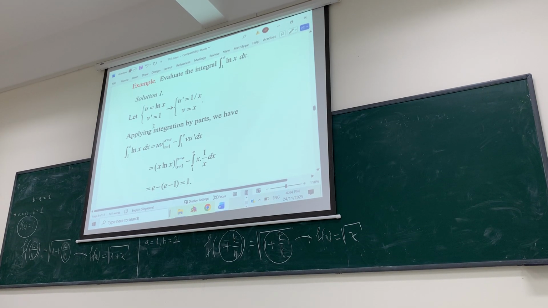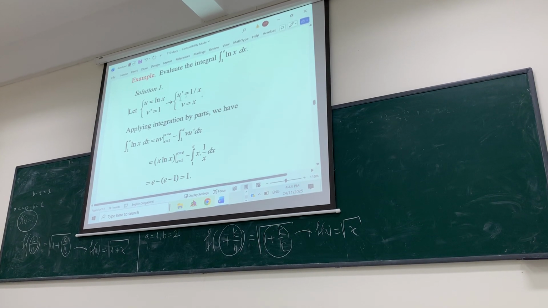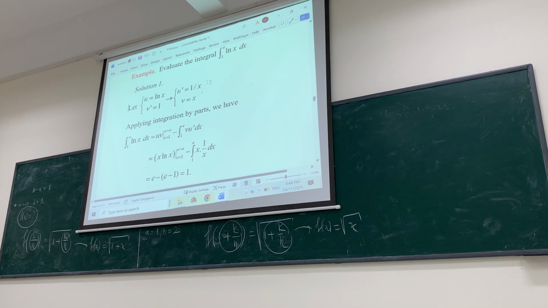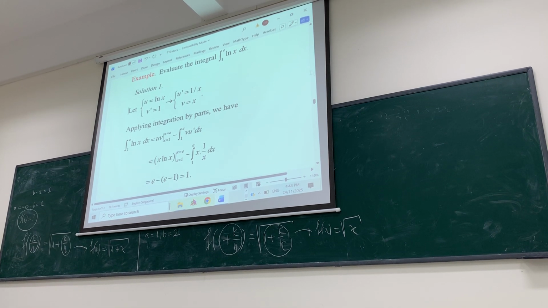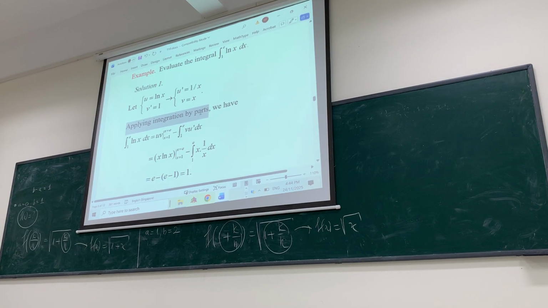Let u equal natural log x, v prime equal 1. We can imply that u prime is equal to 1 over x, v equal x. We apply integration by parts directly.